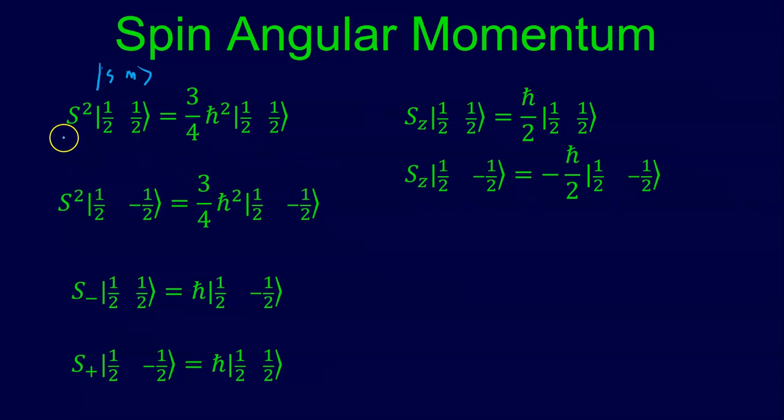We can find S squared, which for spin 1/2 will always be 3/4 ħ squared, and then we can also use our Sz operator. So these would be our two key operators. This tells us our s quantum number, and this tells us the m, the z component of the angular momentum. And for spin 1/2, the simplest case, it's either spin up, ħ over 2, or spin down.